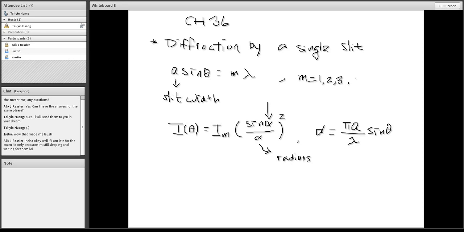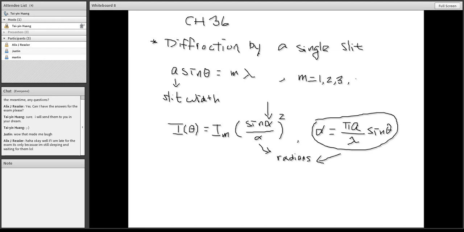So you do have to think about what mode your calculator is set to when calculating sine or cosine. When you use this equation, alpha will be in radians, and then when you plug into sine alpha, you can either convert it to degrees, or keep it in radian mode if that's what you set on your calculator. So this describes intensity as a function of the angle of the bright fringes produced by the single slit.